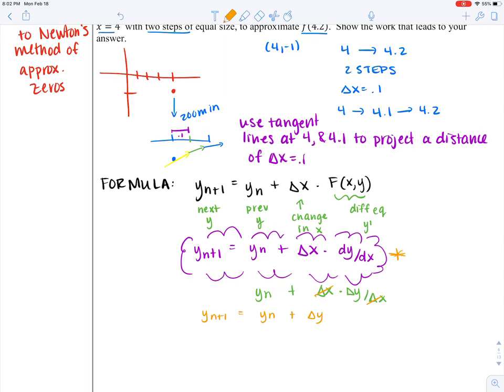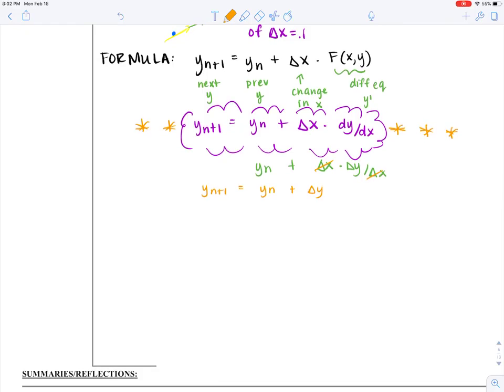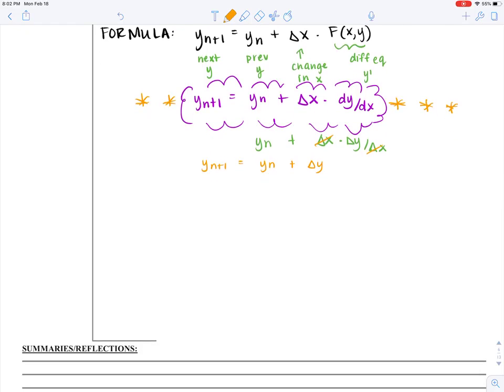So this guy right here, we're finding y values on our function, and we're making projections of tiny, tiny tangent lines, okay? Now the way that I set up my problem, every single time I do one of these, is I always start off with my initial point.